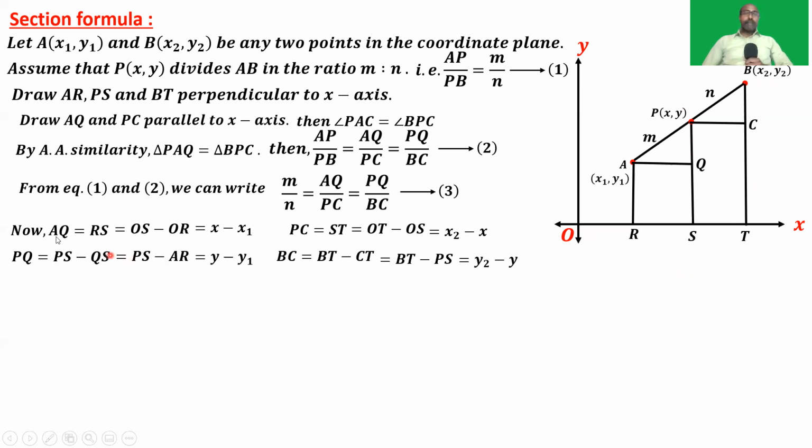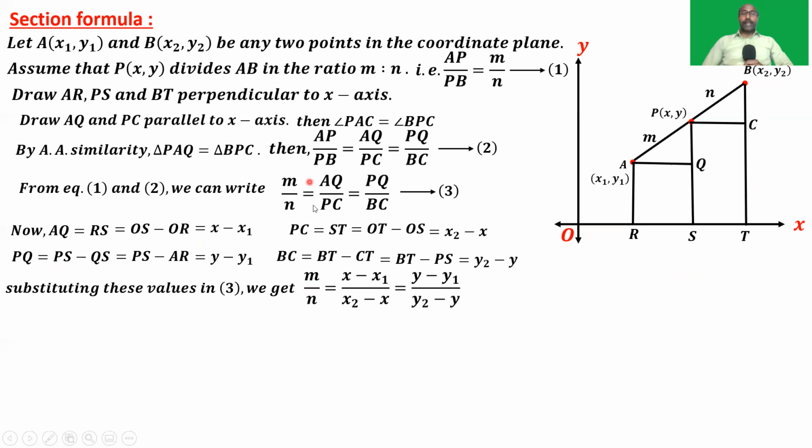Now substitute the values of AQ, PC, PQ, and BC in equation 3. Then we can write m by n is equal to AQ, which is x minus x1, over PC, which is x2 minus x, equal to PQ, which is y minus y1, over BC, which is y2 minus y.